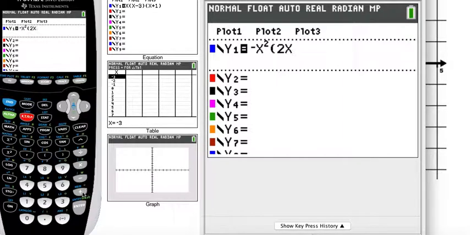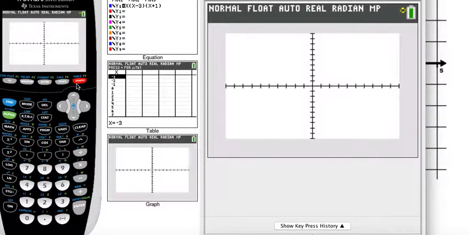Again, I'm using factored form. If you like to use the original in standard form, that's fine. And then x minus 1. Hit graph. Like we said, it's going to be down and down. So now we need to find those. It looks like we've got 2 maximums there.